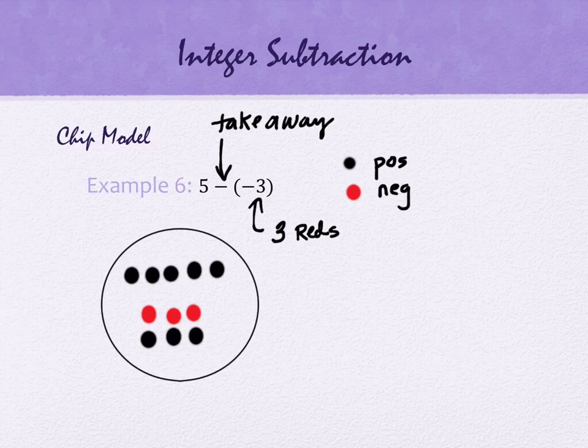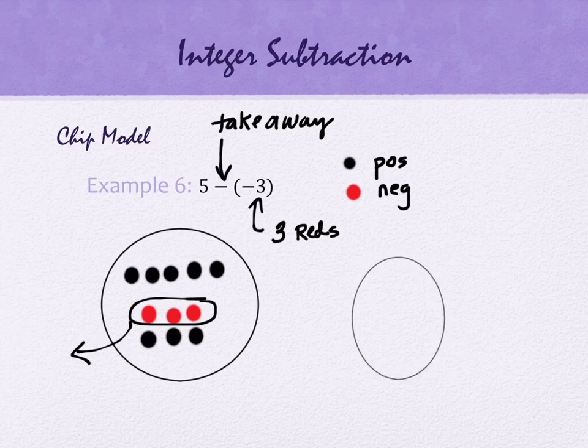So I can put them into my circle as long as I put them in together. Okay, this circle still equals 5, right? But now it has 3 red chips that I can remove. So that's what we're going to do next. We're going to take these 3 red chips and we are going to remove them. That's the taking out or the subtracting of the 3. And then I can take a look at what I have left. So what do I have left?